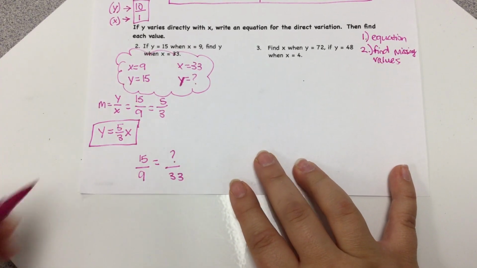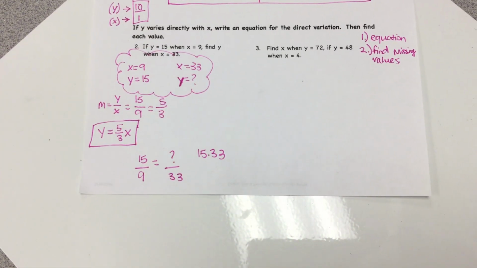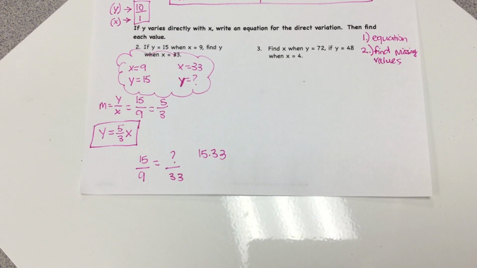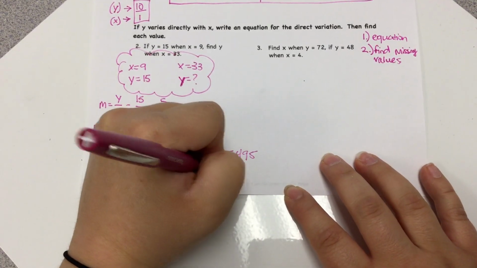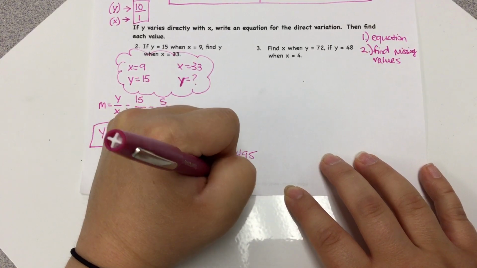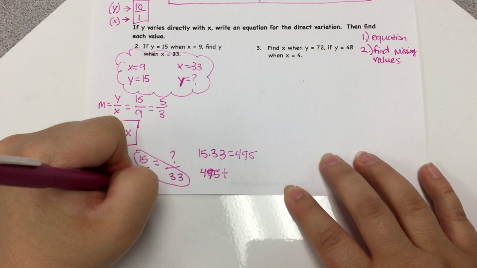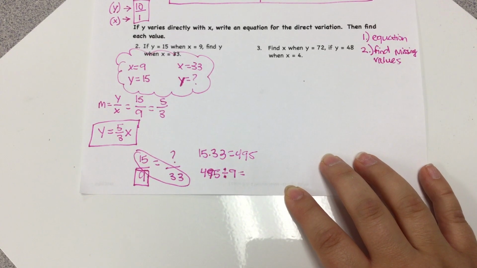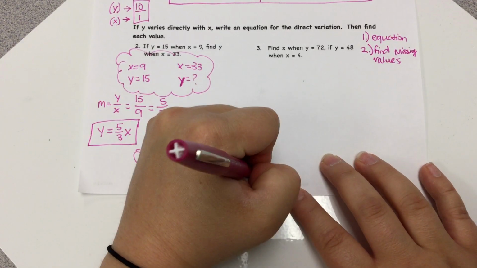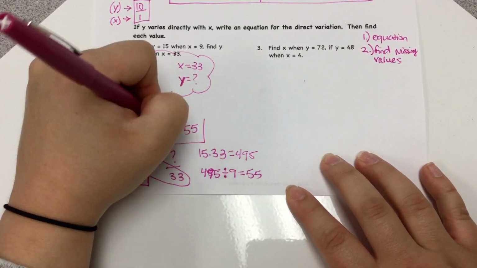Now all I have to do is simply solve my proportion. I can take 15 times 33, which equals 495, and then I can divide that by the number that's left over, so divided by 9, and I get 55, which means that the missing y is equal to 55.